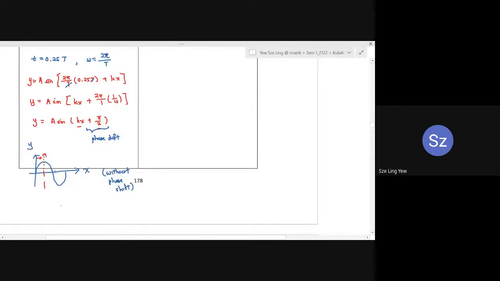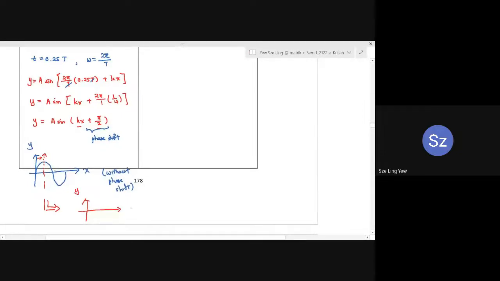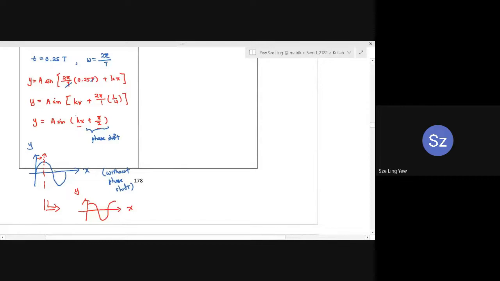Therefore, we are going to obtain a new graph that undergoes phase shift, y against x. So now my graph should start from maximum. So this is how it looks for the equation y equals A sine kx plus pi over 2. So this is the new graph. So this is the answer.